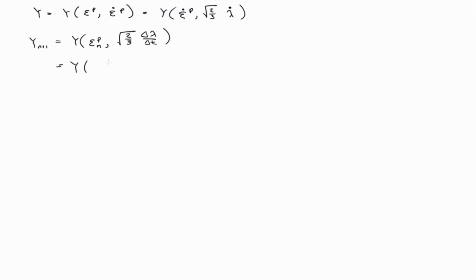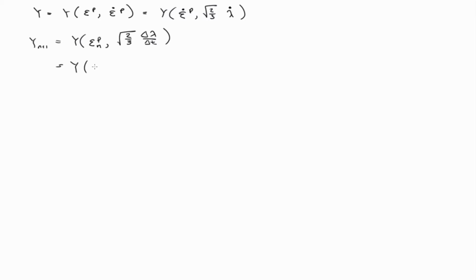So we could use the old value of equivalent plastic strain and plug it in. That would be like an explicit method, right? So the new yield surface is a function of the old equivalent plastic strain and the equivalent plastic strain rate, which is a function of delta lambda, which is what we're solving for. Right?